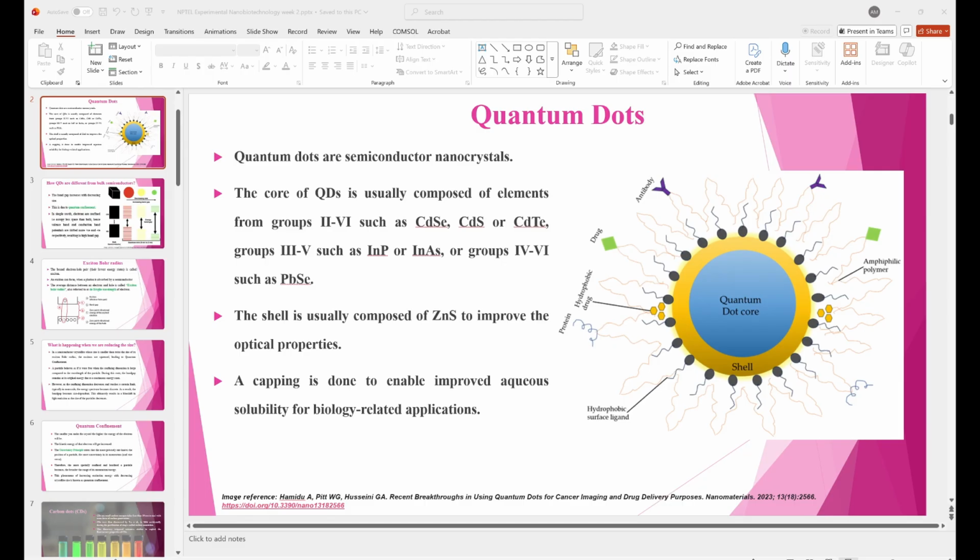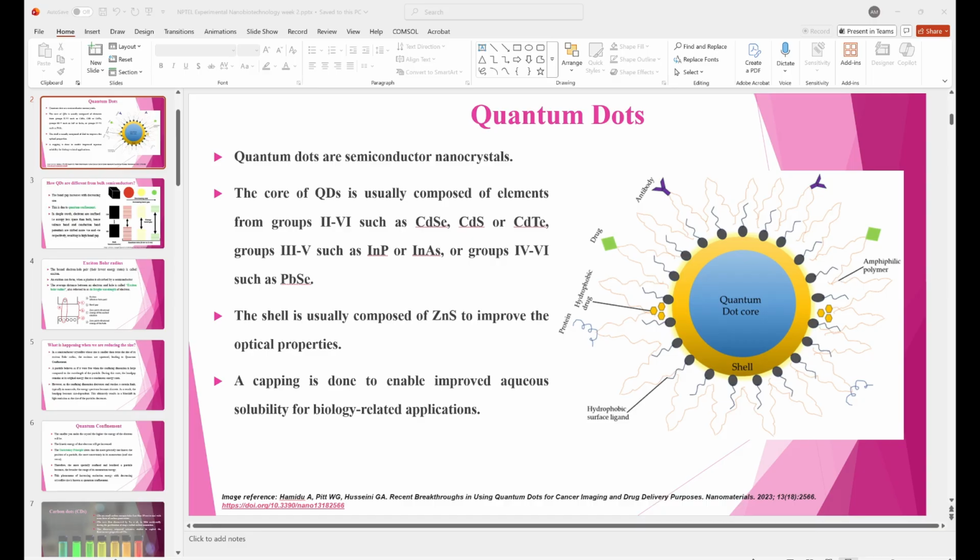Suppose you have a material which gets degraded by GSH. A redox reaction takes place, GSH becomes GSSG, and your shell gets degraded. Then what will happen? Whatever emission is given by the carbon dot is not being absorbed by the quencher shell anymore, because the quencher has been degraded. So your carbon dot will start fluorescing again.